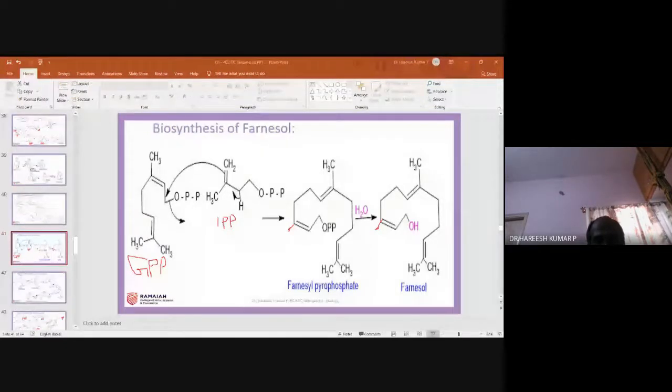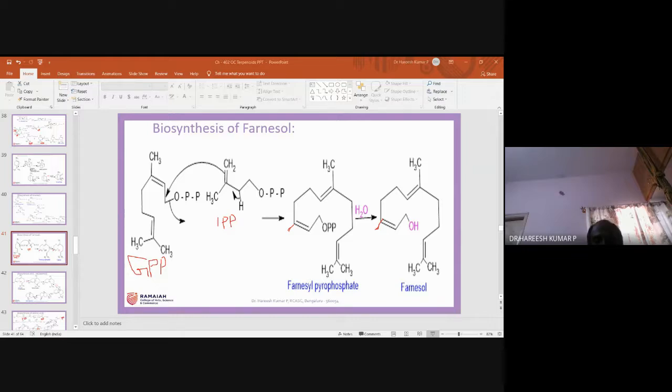The next slide is about the biosynthetic formation or synthesis of beta eudesmol. For this, the rearrangement of farnesyl pyrophosphate. So you know that this is the farnesyl pyrophosphate. When the OPP goes out as a leaving group, there will be a formation of a carbocation called farnesyl cation.